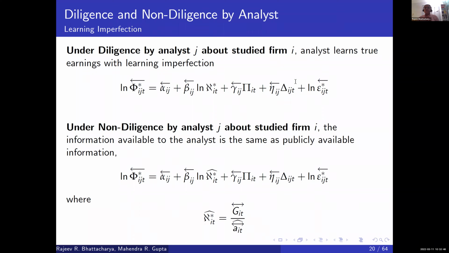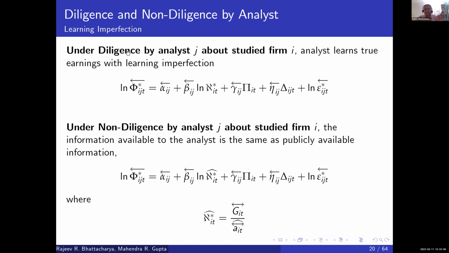Next thing is, what is the diligence and non-diligence by the analyst? So the learning imperfection under diligence, the log of VIJT star left arrow, you can see it's a function of log of Aleph IT star, the actual earnings under diligence.